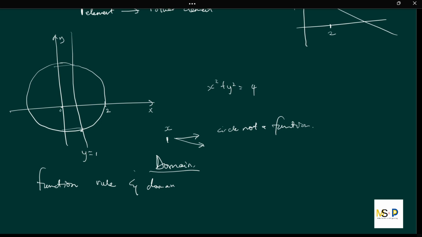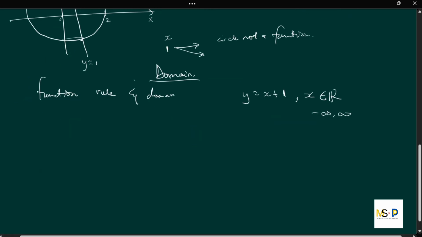For instance, if I'm properly writing a function, let me say y is equal to x plus 1, I'll have to add the domain on which it is defined. That is, every single x is an element of the real number set. So this is defined on the entire real line. Most polynomials are defined on the entire real line.